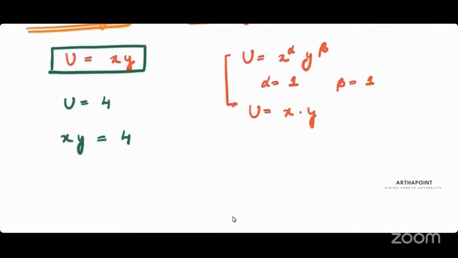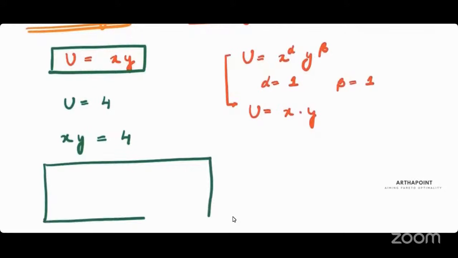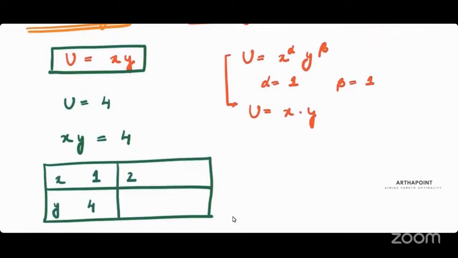So I really have to make all those combinations of X, Y such that when I multiply them together, I get 4. So I can have my X as 1, Y as 4. I can have my X as 2, Y as 2. I can have my X as 4, Y as 1.